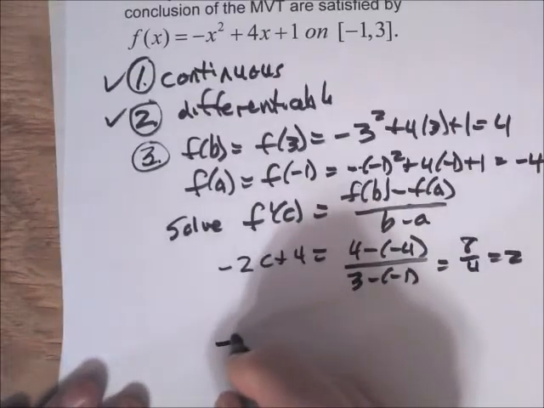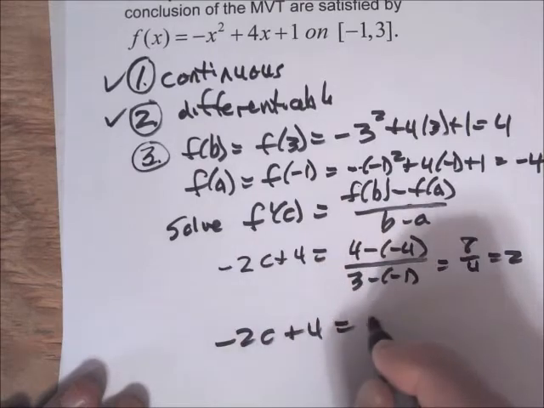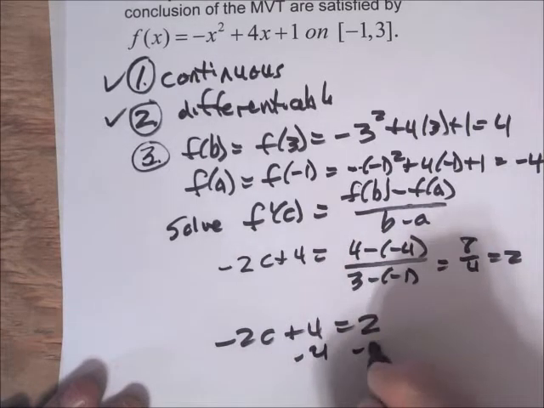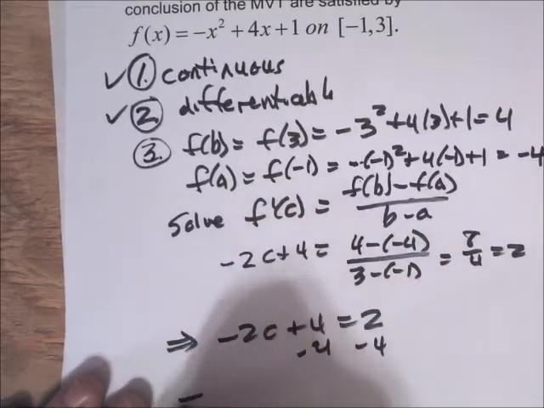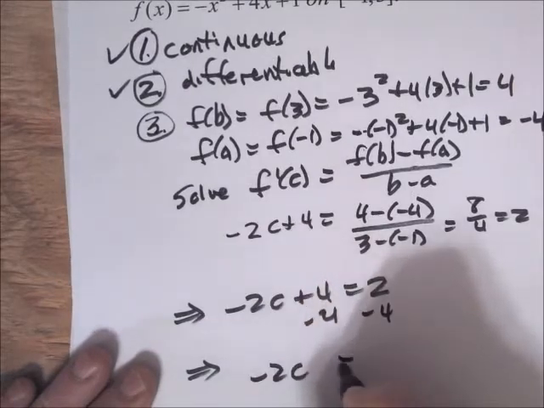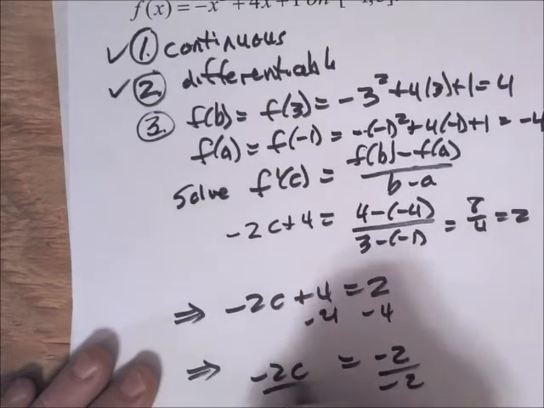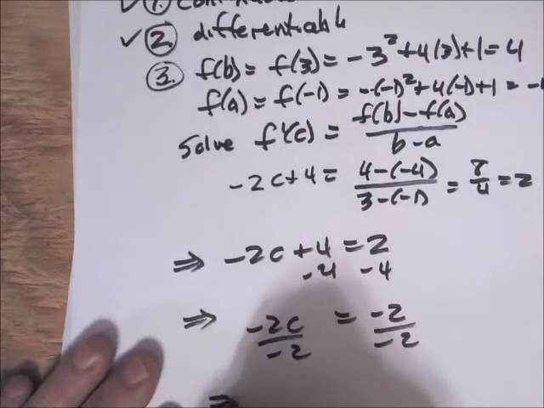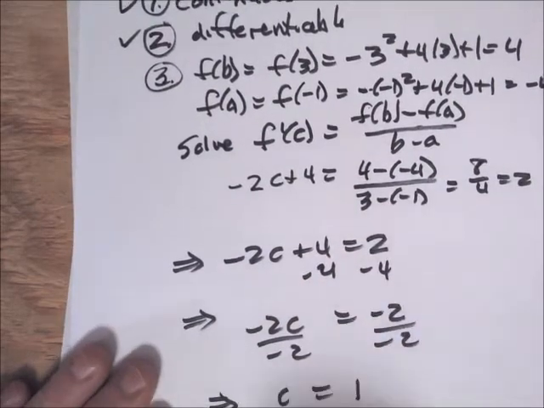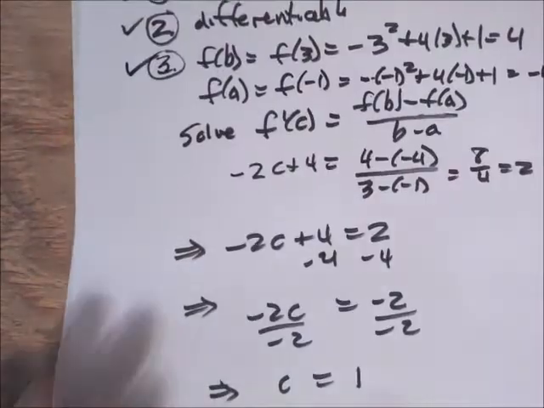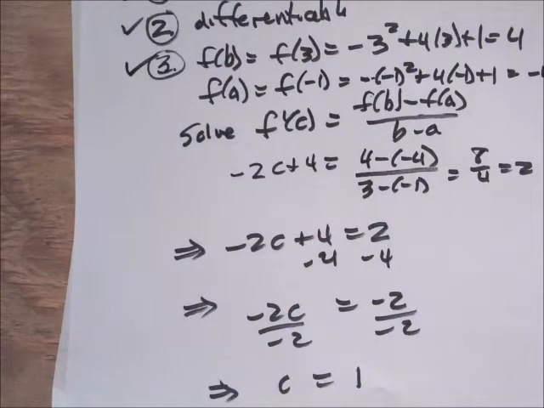So minus 2c plus 4 is equal to 2. Subtract 4 from both sides. We get minus 2c equals negative 2. Divide by negative 2. We get c is equal to 1. Yeah, the conclusion should be satisfied.